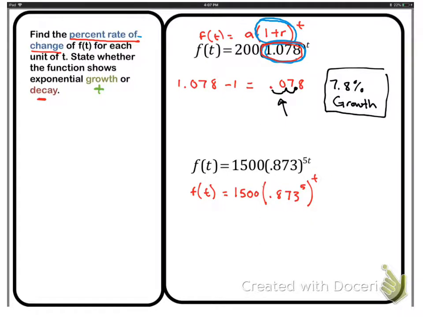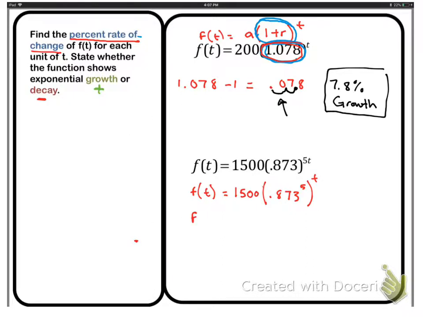Okay. Now, the number inside the parentheses can be simplified. We can take our calculators, put 0.873 and raise it to the 5th power, and that gives us 0.5071. So we're just going to use 4 decimal places for now. So I'm going to bring down my f of t.